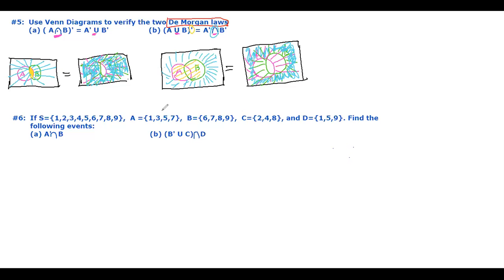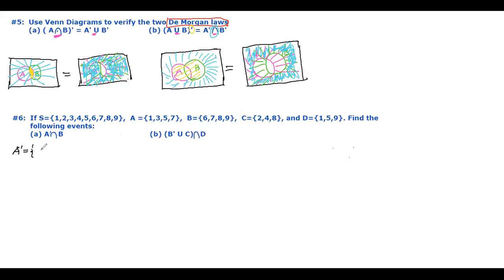All right, so this problem number 6 should be pretty easy also. The sample space S is 1, 2, 3, 4, 5, 7, 9. A is here. The first thing I'm going to find is A complement. A complement is everything not in A, but in the sample space.